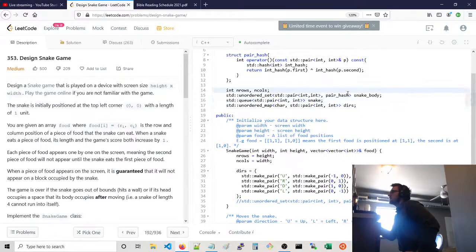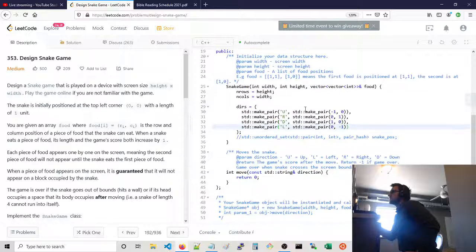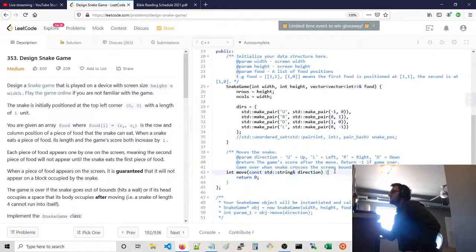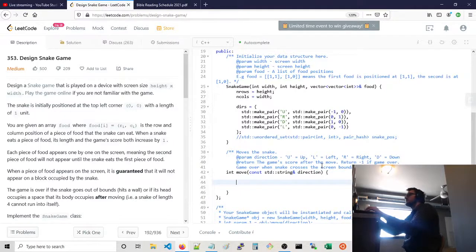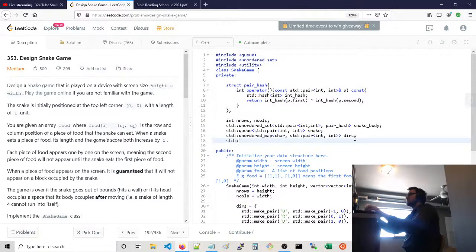So here we get our directions using an initializer list. And now we have number of columns, number of rows, directions. I want to define our inbounds check here. Okay, what else do we need? And the food also, we want a food counter, food pointer.